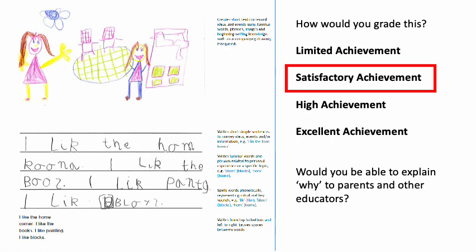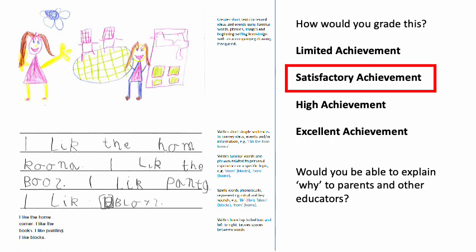They've got lots of familiar words in there, they're representing their initial and key sounds, and they're writing from left to right, top to bottom. So all of those essential elements are definitely included. They're able to write short text to record familiar ideas and so on. So this is an expected satisfactory achievement standard by the end of pre-primary.